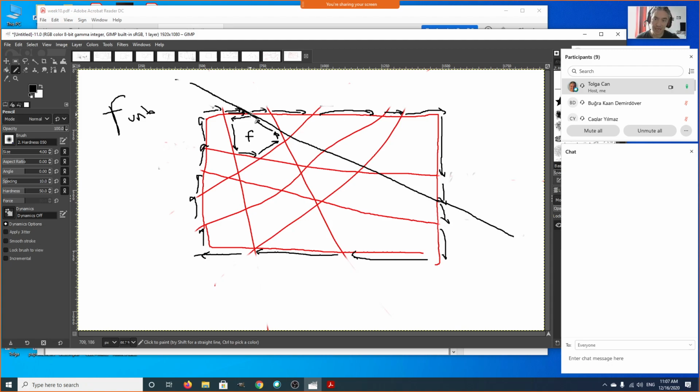The first thing is I find this entry point to my bounding box, and I find it by intersecting my line with every one of the hole's inner boundary edges along the bounding box.